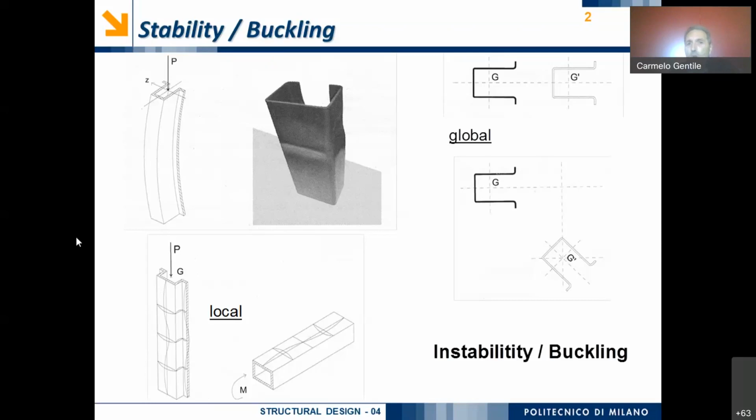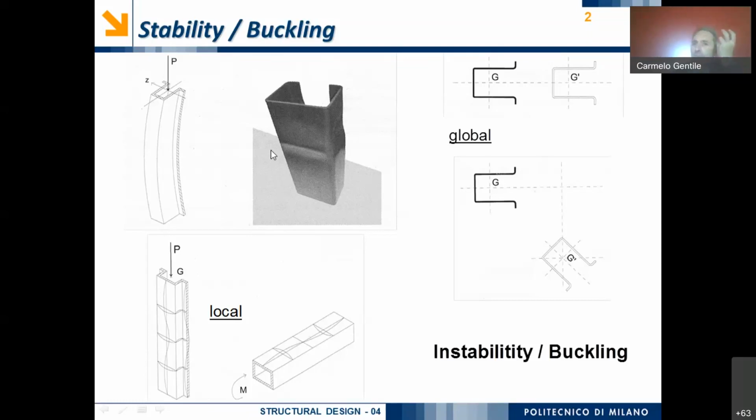Of course, there is also the possibility of having some kind of local phenomenon, so some local buckling in our steel elements due to some kind of local instability.